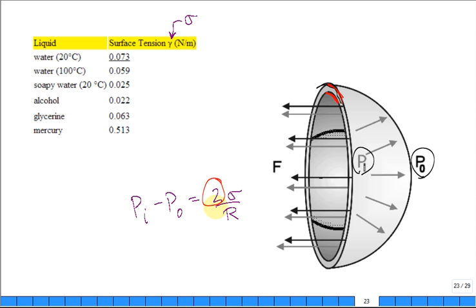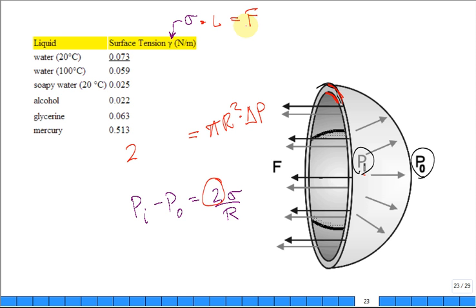And so you'll have the force pulling on that edge, and then you have the pressure difference pushing on a cross-sectional area. That cross-sectional area is pi r squared, true? Pi r squared times the pressure difference equals 2 times the surface tension, that sigma times length gives me a force.